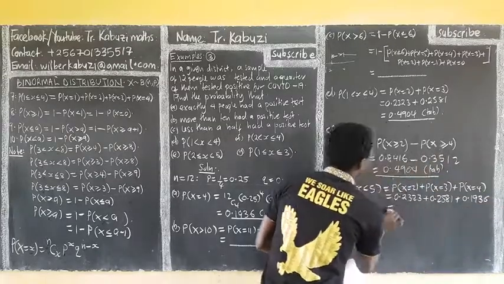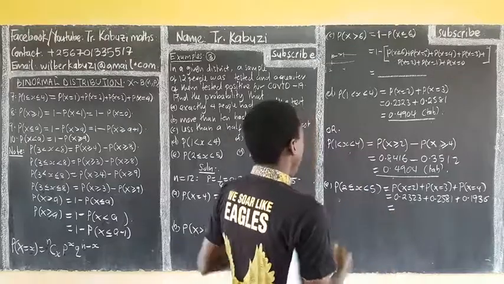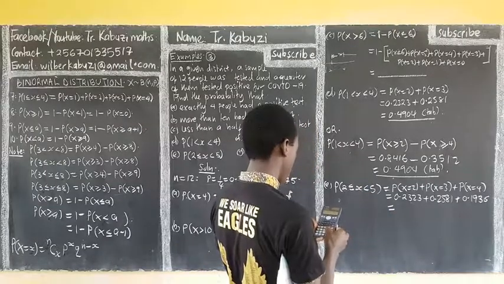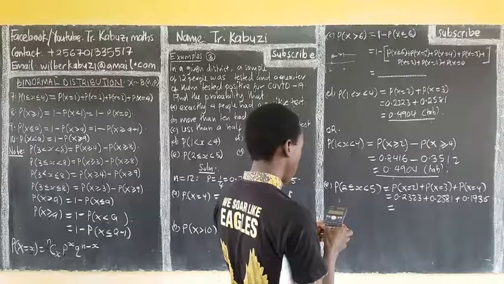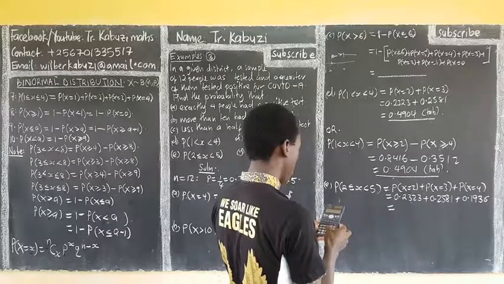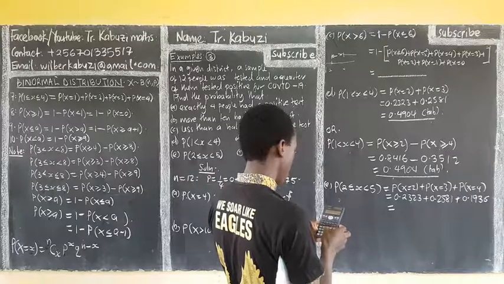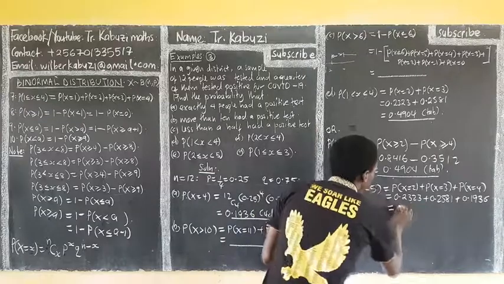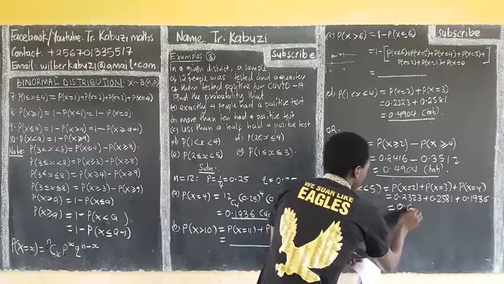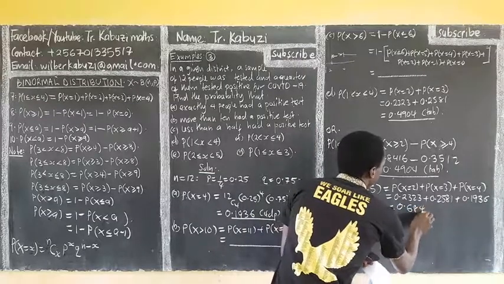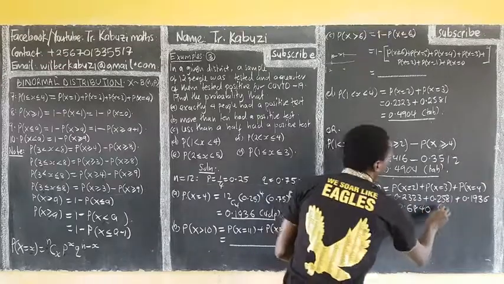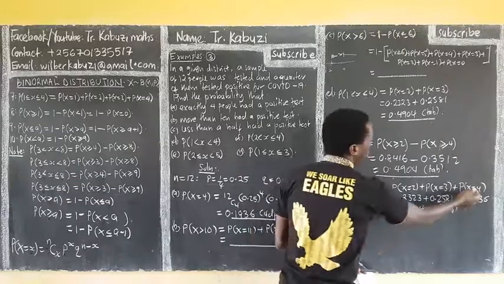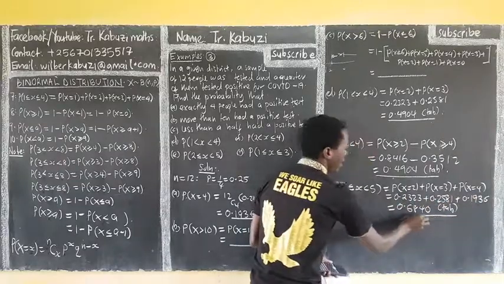Then when we add it up, I get 0.6840. So here I've used a table to read these values, but we have seen that we can also use the formula and we read them off.